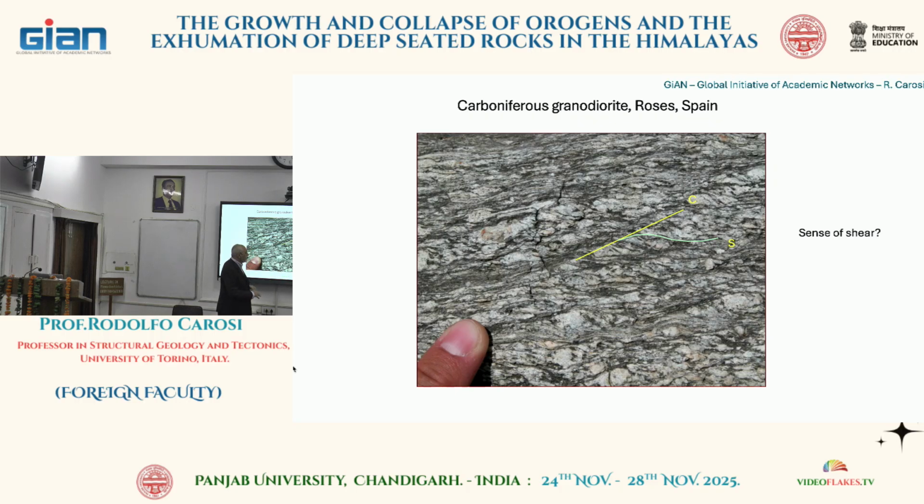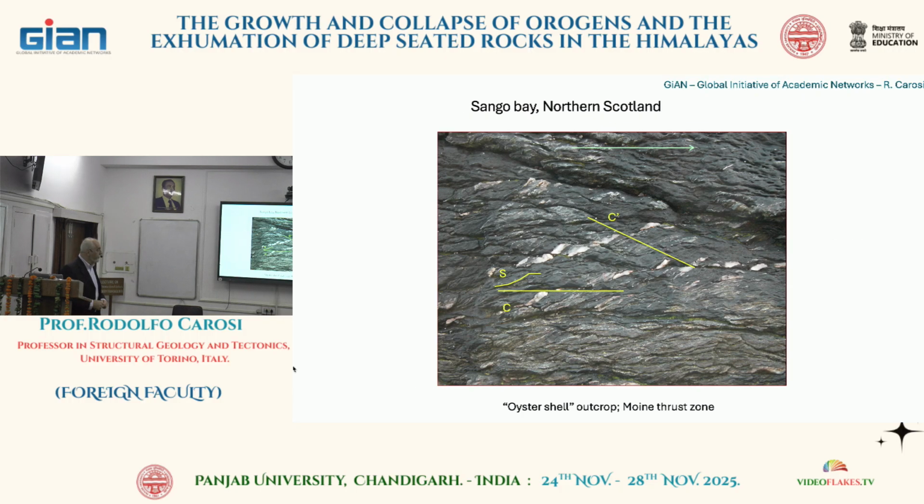So to be safe, we call C and S, but if we can observe the boundary of a shear zone, probably this is C prime. But in the picture, we cannot say because we have no information about the boundary of the shear zone.